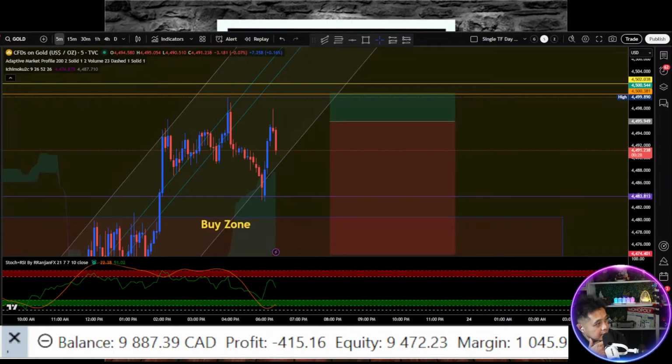That might have formed a double top here. It might be able to bounce from here, but I don't know if that channel is going to hold.